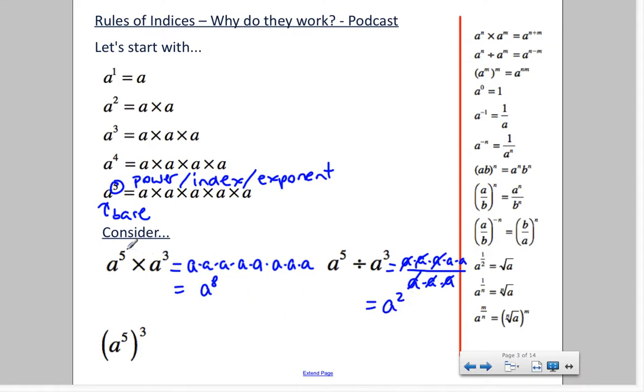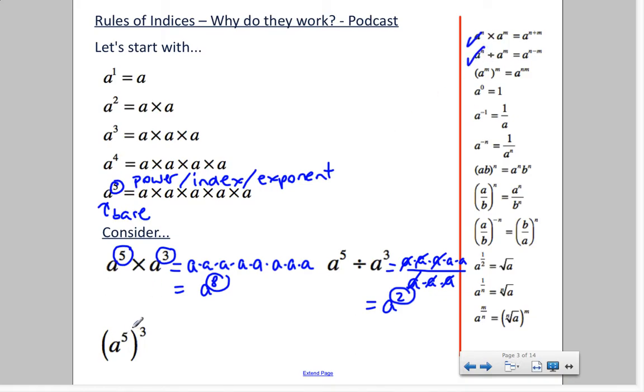Now, we can already spot a shortcut, because if we add the two powers together, 5 plus 3 is 8, and 5 minus 3 is 2. So if we were to generalize this, and instead of using 5 and 3, we used n and m, then we would get this rule, and with the second version, we would get this rule.